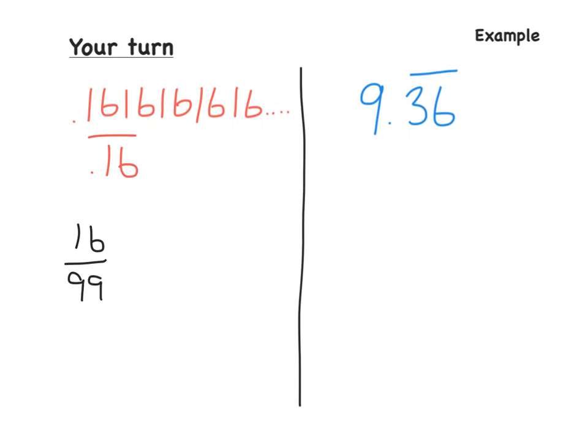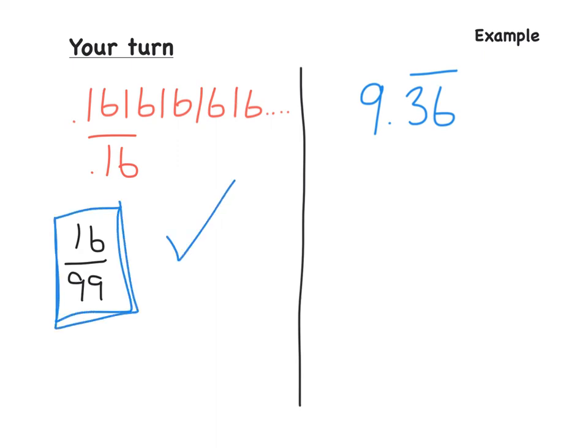So is 16/99 in simplest terms? It looks like 16/99 is the simplest fraction because 3 can't go into 16. 99 isn't an even number, and 4 can't go into 99. So 16/99 is our final answer.